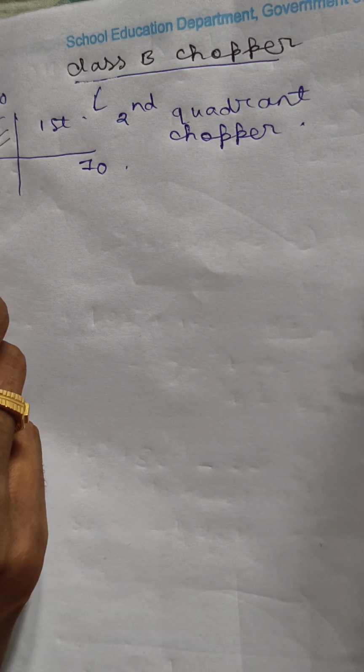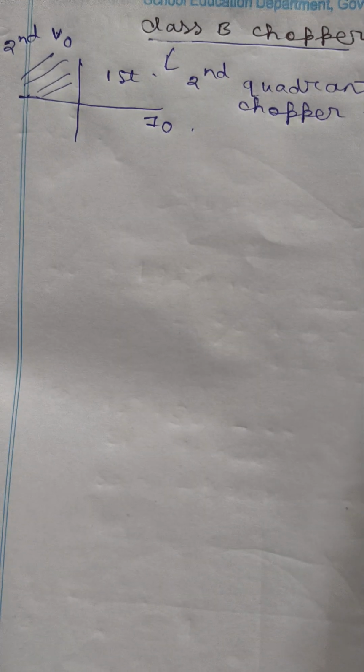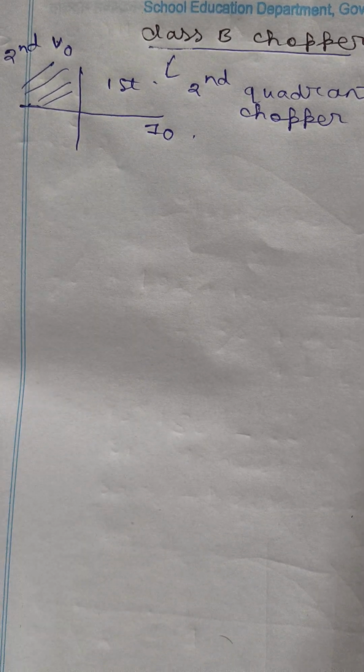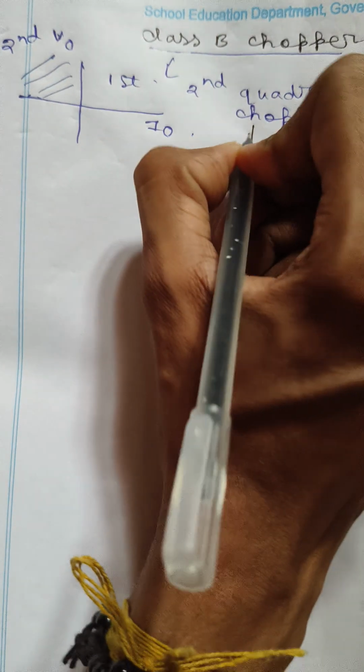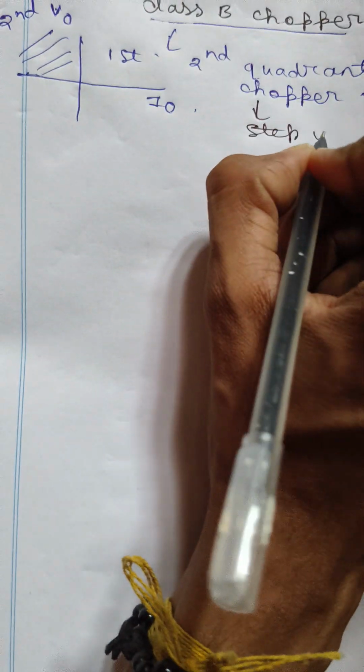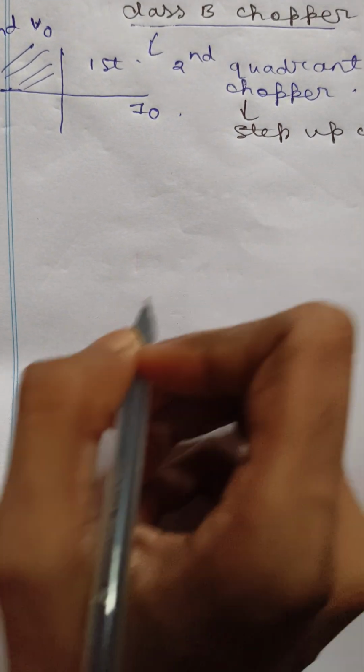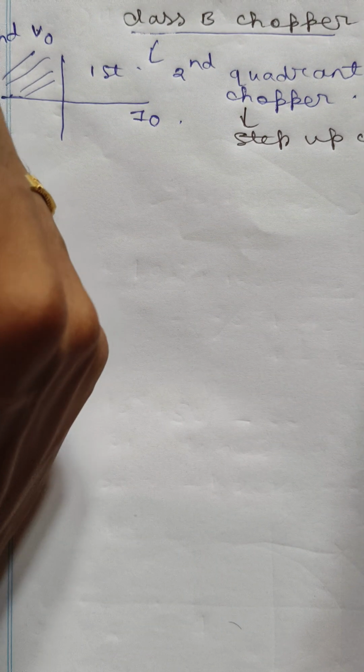Okay. Now see the circuit of the class B chopper. I am drawing the circuit diagram of the class B chopper, or second quadrant chopper. It is a step up chopper. Class A chopper was a step down chopper, but this is a step up chopper.